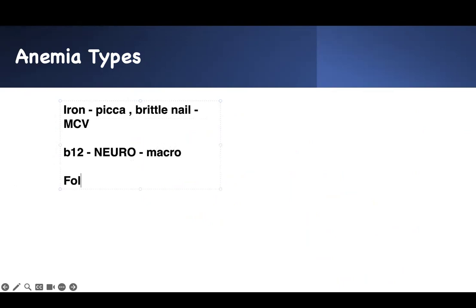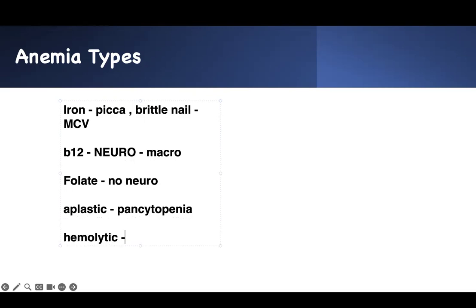If it's folate, there is no neurological problem, no neuro issue. If it's aplastic, it's not just red blood cells. This is what we call pancytopenia. You have pancytopenia due to what? Low red cells, low white cells, and low platelets. If it's hemolytic, I want you to think about jaundice because we're destroying your cells.